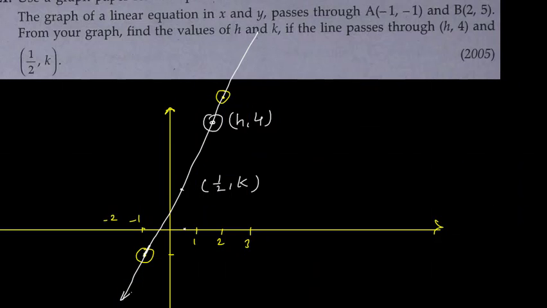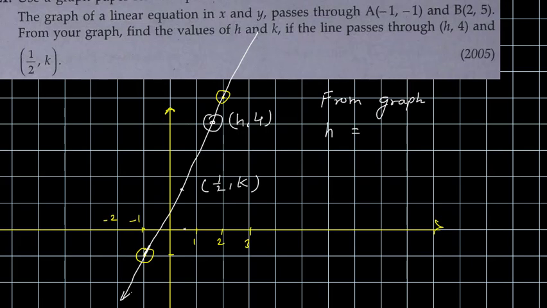So now I have removed all the lines. From the graph, what you can say is the value of h. I think we want these graph lines. The value of h, we get 1, 2, 3, 4. Along this axis it is 1, 2.